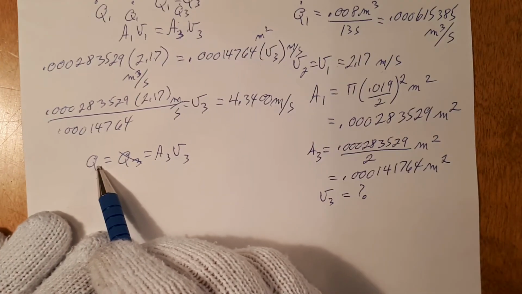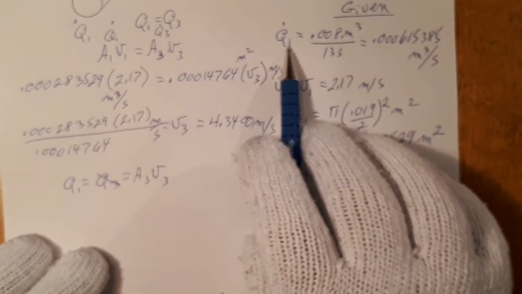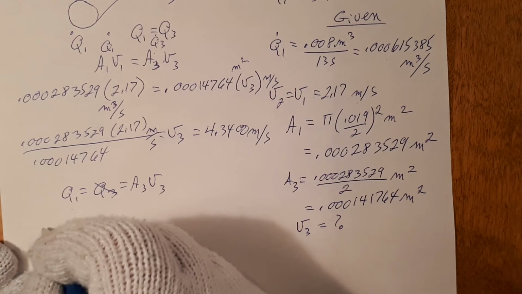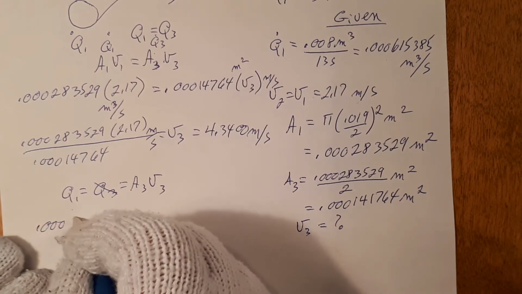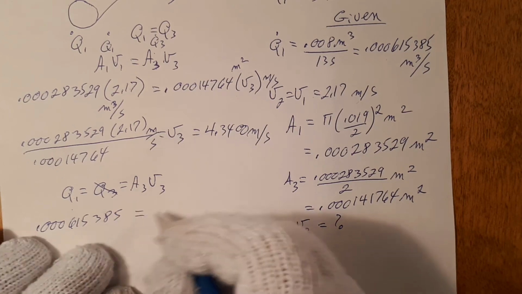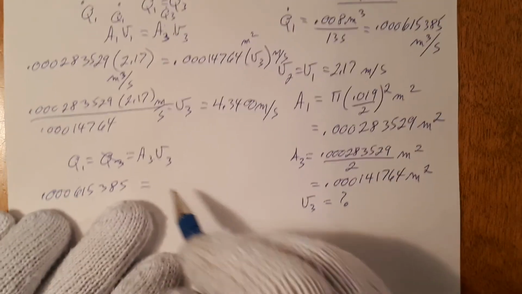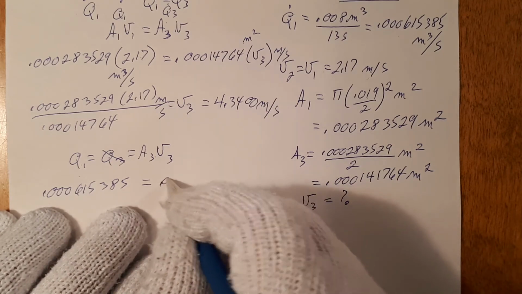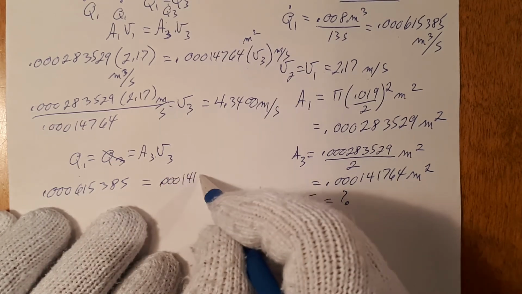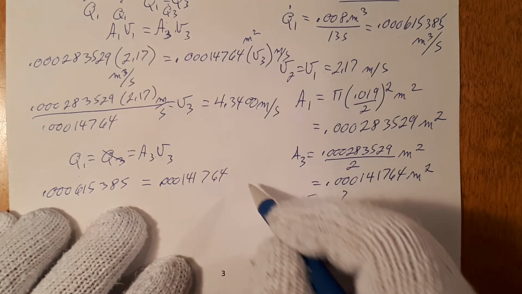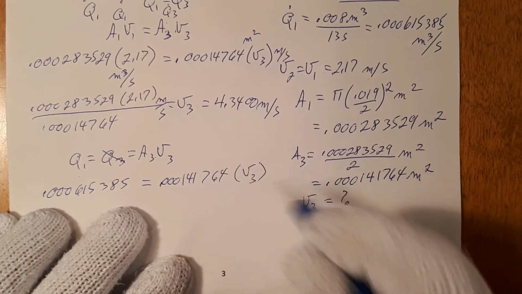The volume flow rate in, Q1, is right here. Volume flow rate in has to equal the cross-sectional area at 3, which we said was this value, multiplied by the velocity.